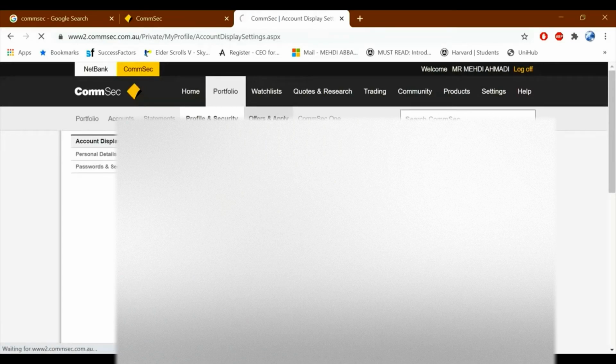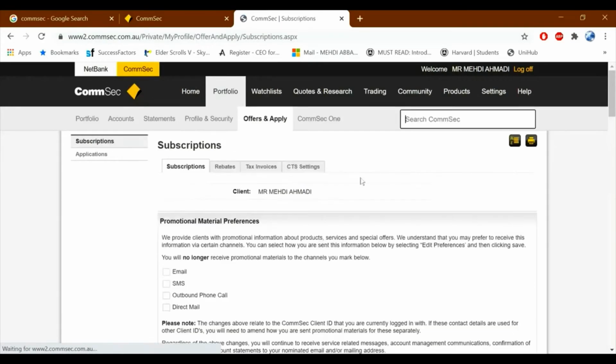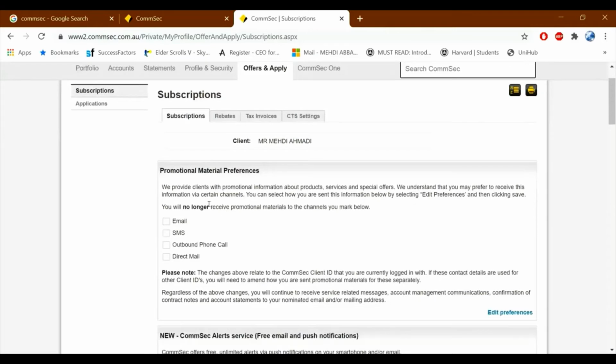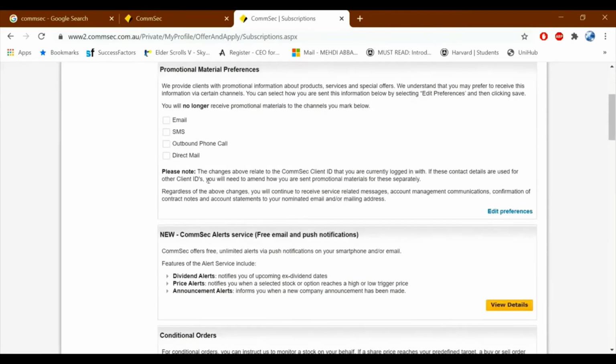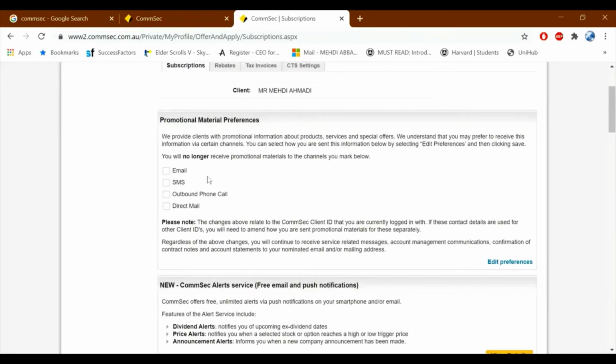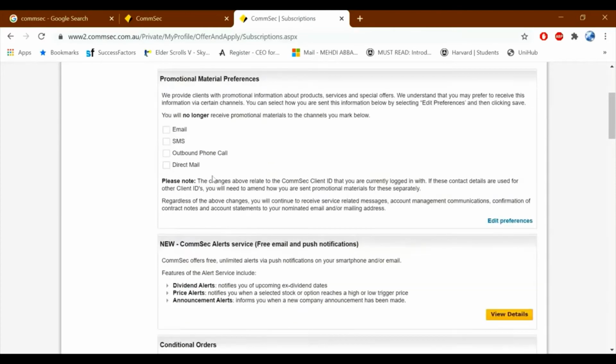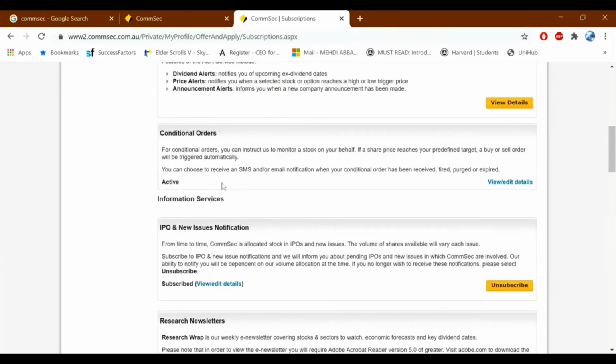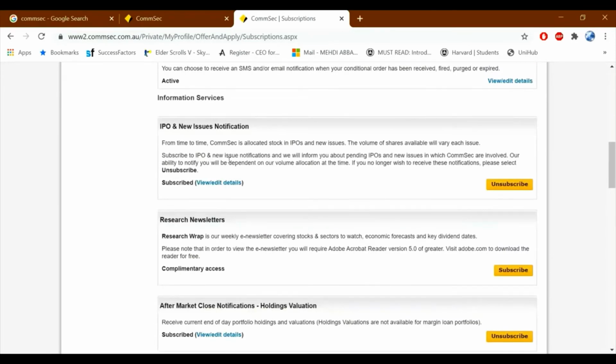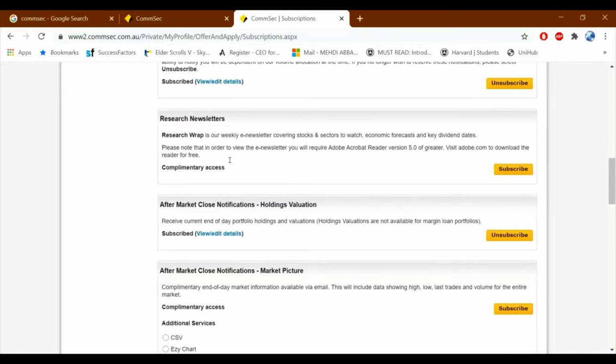Then offers and apply. This is the extra bits that CommSec offers to people. You can opt to get emails from them about market updates, or you can watch any new service that they launch. You can see it from here.